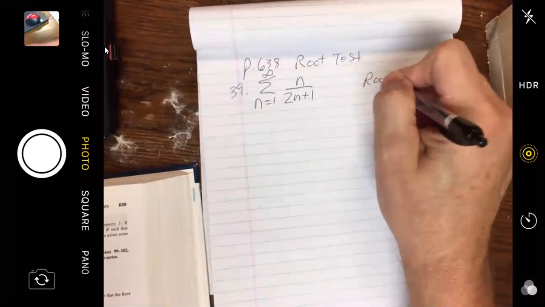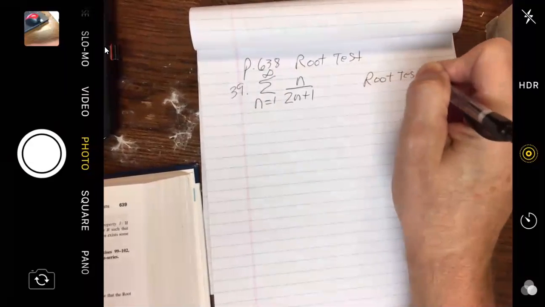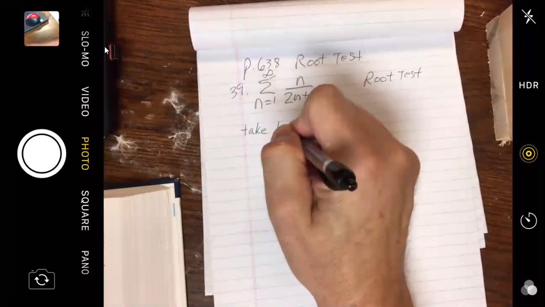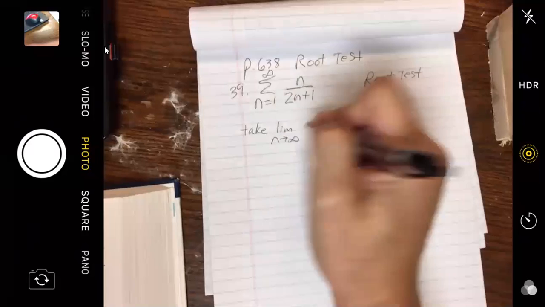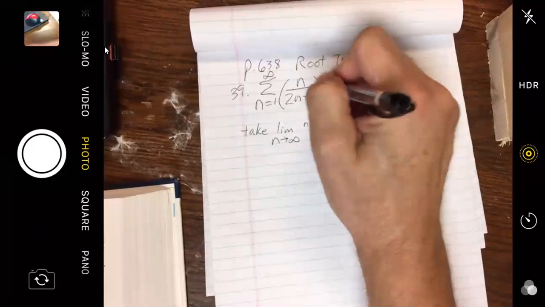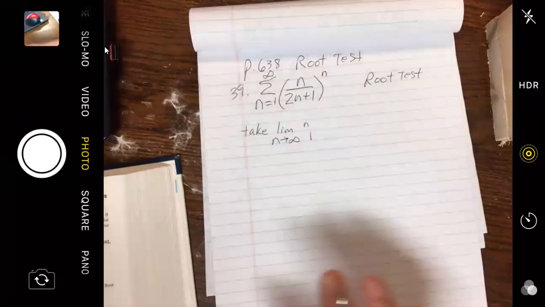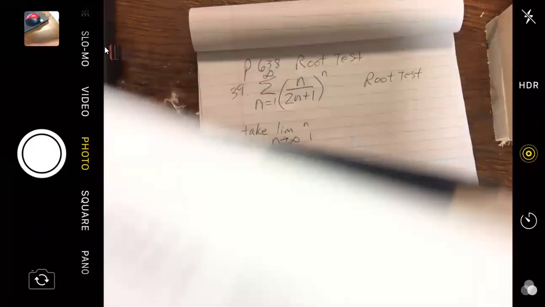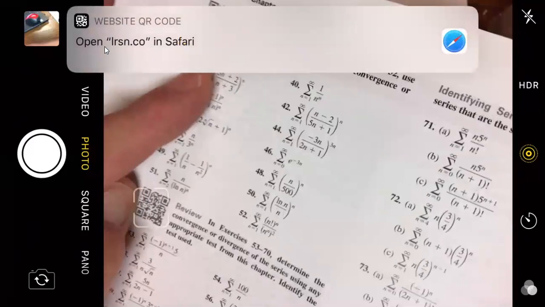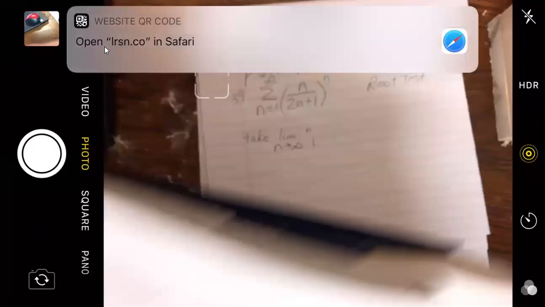Root test. You take the limit as n goes to infinity of the nth root, I'm sorry, this is in parentheses raised to the n. My fault. That's what really makes it shine with a root test, if it's raised to a power n.